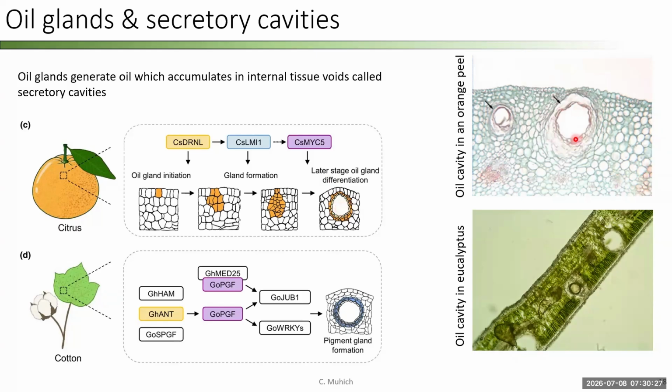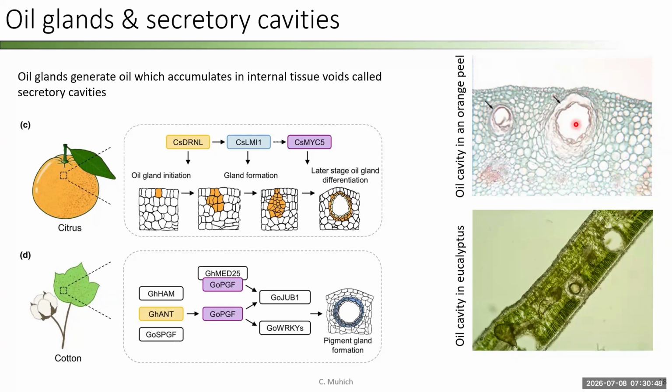And so you can see this here in a slide cross section. We've got the glandular cells staining a little red, and then you have the chamber left behind where the oil resides.